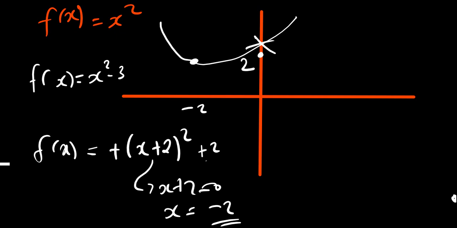Then let's talk about something very critical: rational functions. When you're talking about rational functions, you are talking about a function that is in the form of a fraction. On rational functions, you have to know how to solve rational equations, rational inequalities, and how to sketch them.